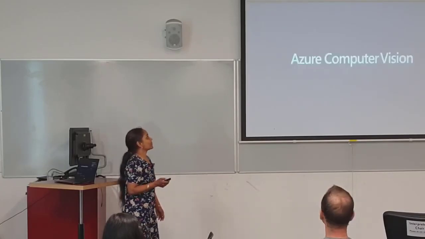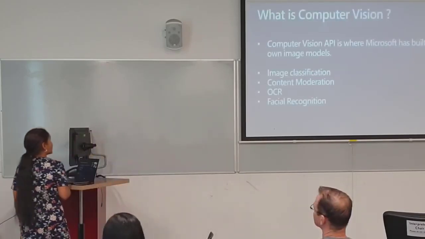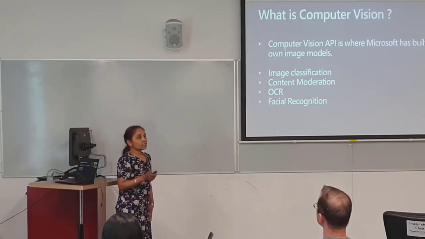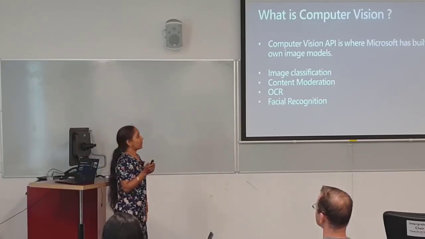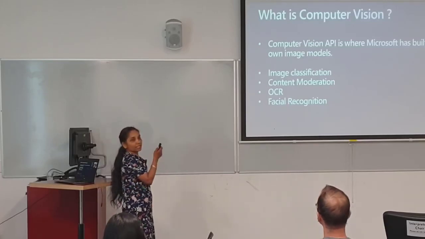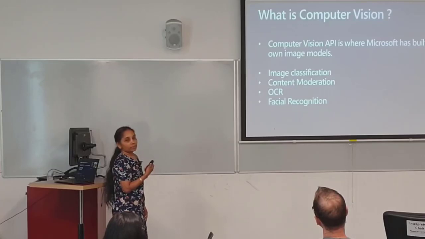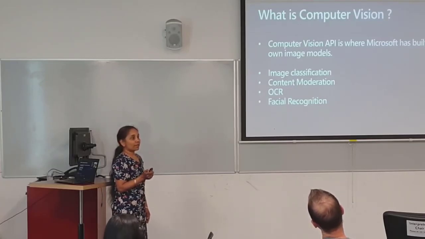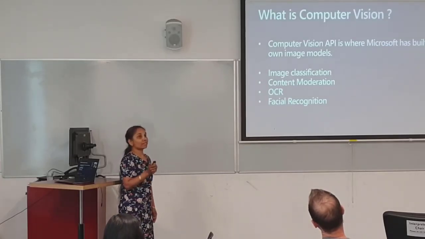So let's proceed. What's Azure Computer Vision? Computer vision is an API that is provided by Microsoft. And what does it do? It does image classification, content moderation, OCR. Any idea what OCR is? What is OCR? Optical character reader.